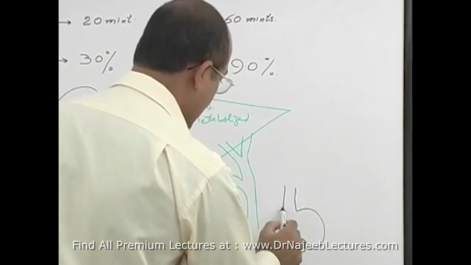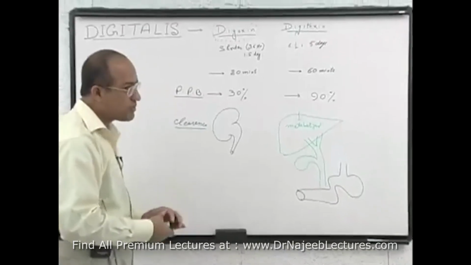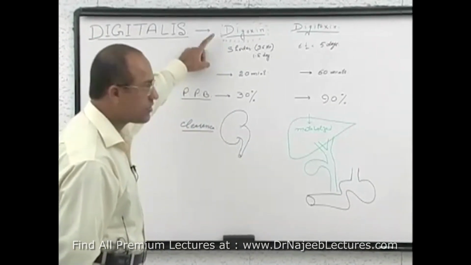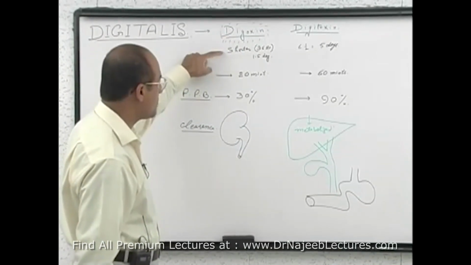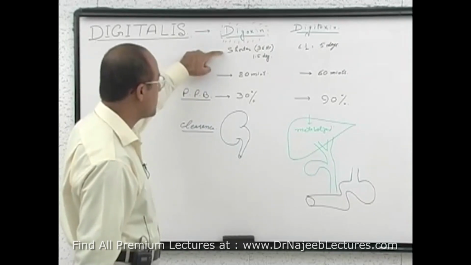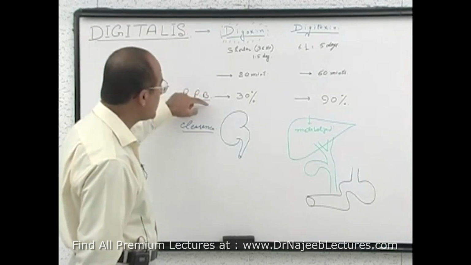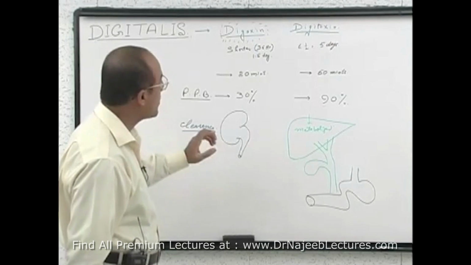This point is important clinically because if you have to use the Digitalis group of drugs, the preferred drug is digoxin. It's a smarter drug: shorter half-life, faster onset of action, less protein binding, and cleared through kidney.